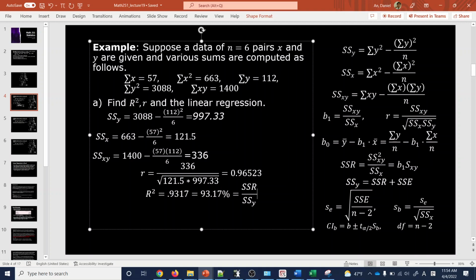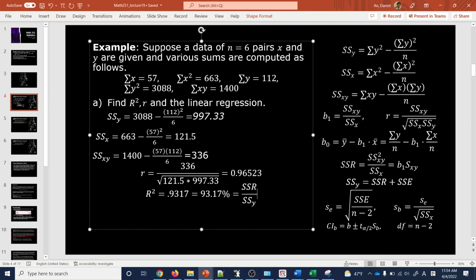The question was, does that mean the linear regression is 0.9317? No, that does not mean what I said. 93.17%, you have to listen to me carefully. It means that 93.17% of the variance of the data is explained by the regression line.